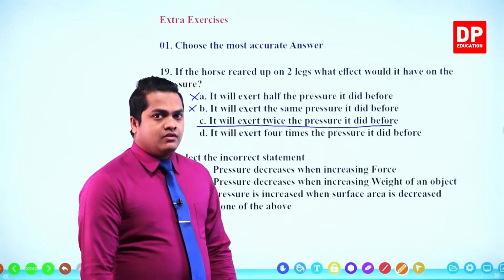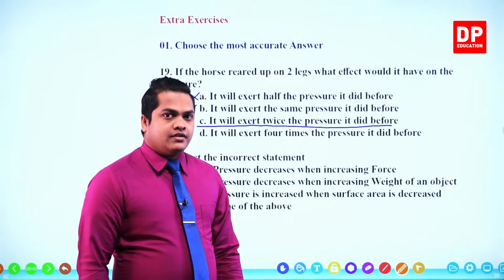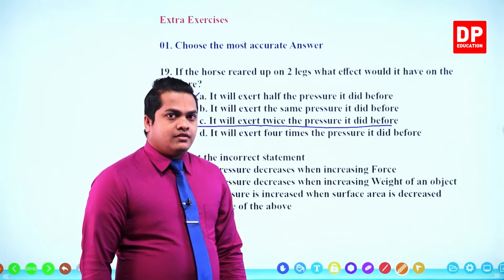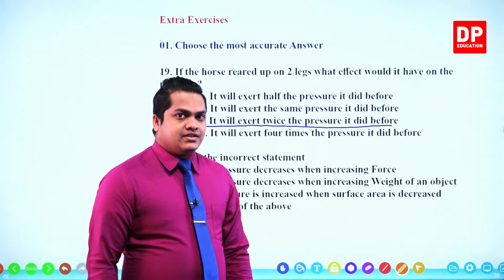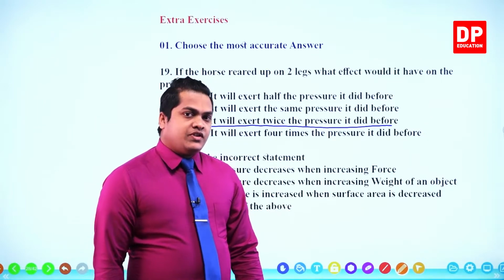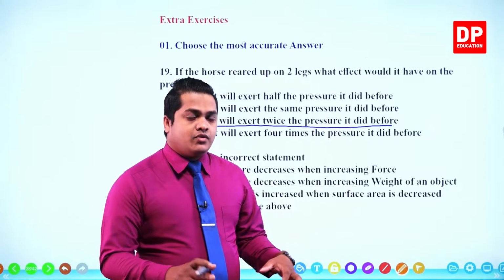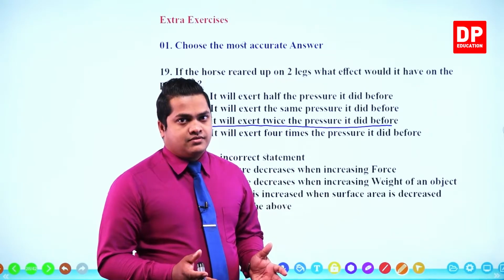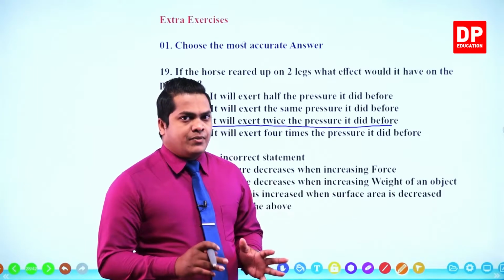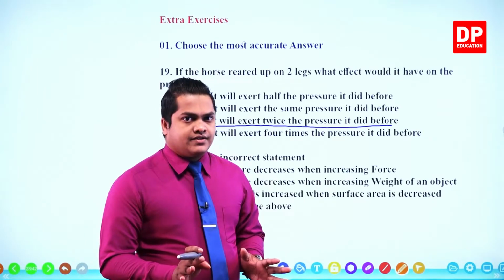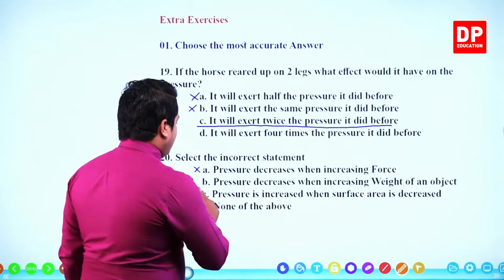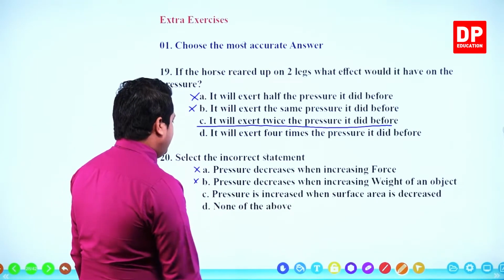Actually, we can't say that thing, right? We can't exactly say it. How come? Because we don't know on which kind of a surface we are going to keep this object. However, up to a certain level it is incorrect. So, I'll put incorrect in here.